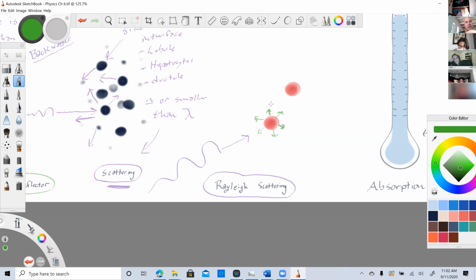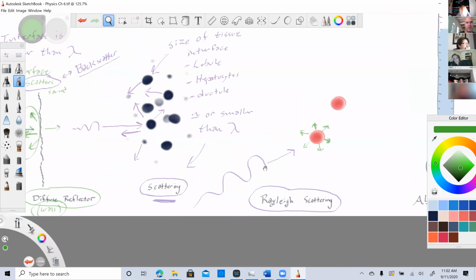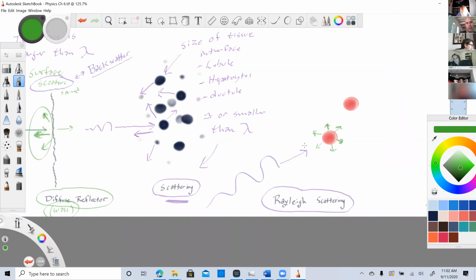Well, see, that's not good for us with ultrasound. Let me go back to scattering here. We might have had scattering here, but a good portion of this energy is actually directed back towards the transducer. Even though, yes, some of it's scattered in this direction and that direction, that energy is lost. But a good amount is still directed back towards the transducer. If it were not, we wouldn't see anything.